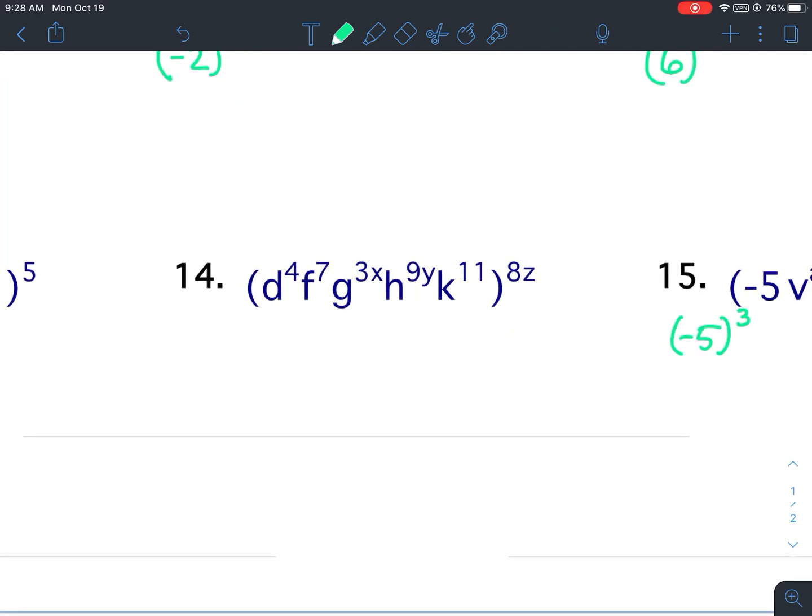Okay, so we are multiplying exponents. So the first thing I'm going to do is I'm going to take this 8z and multiply it times 4. 4 times 8 is 32, so I would have d to the 32z. Now I'm taking 8z times 7. 8 times 7 is 56, so this would be f to the 56z.